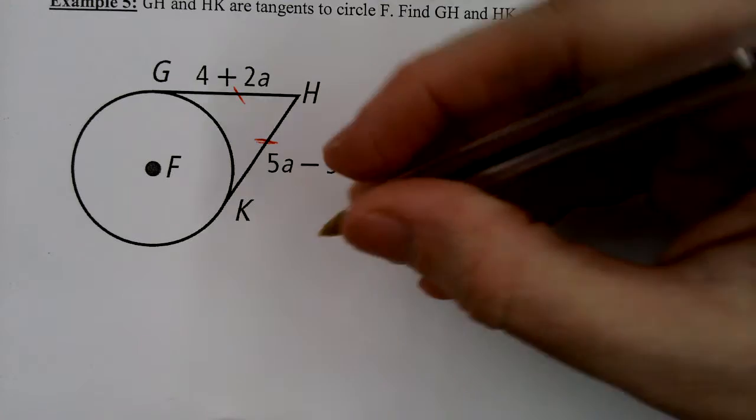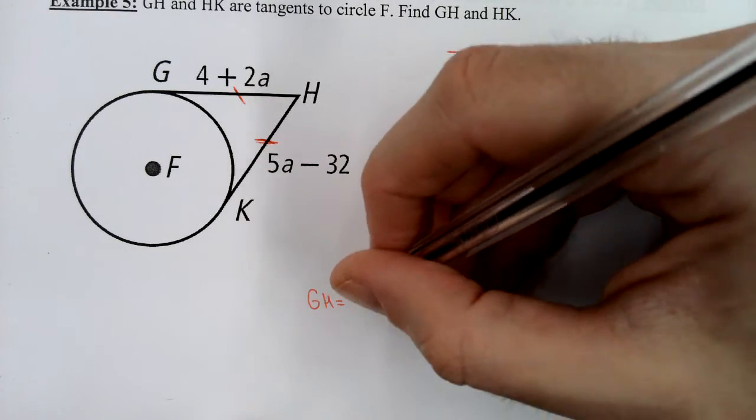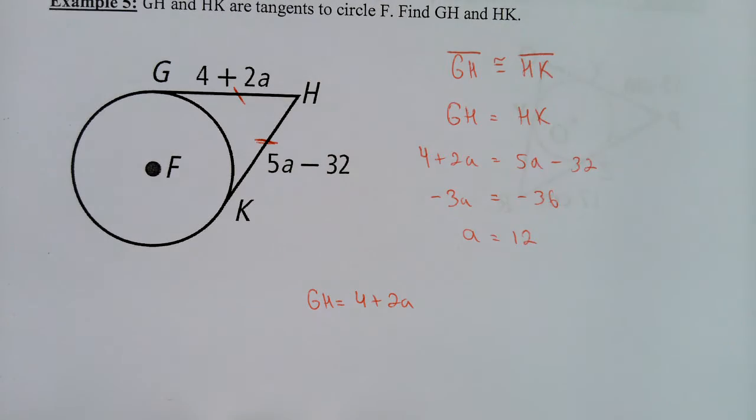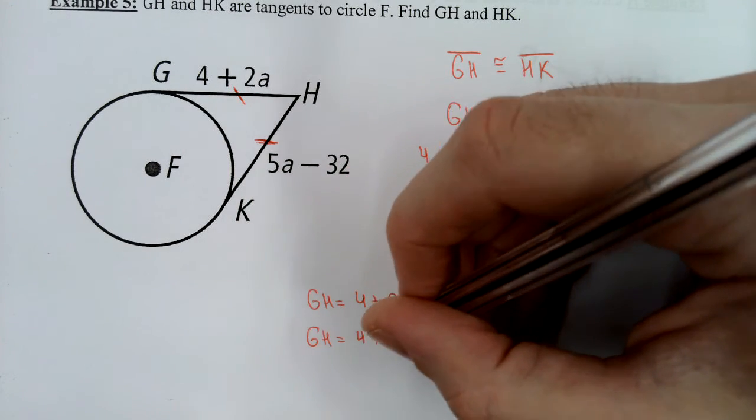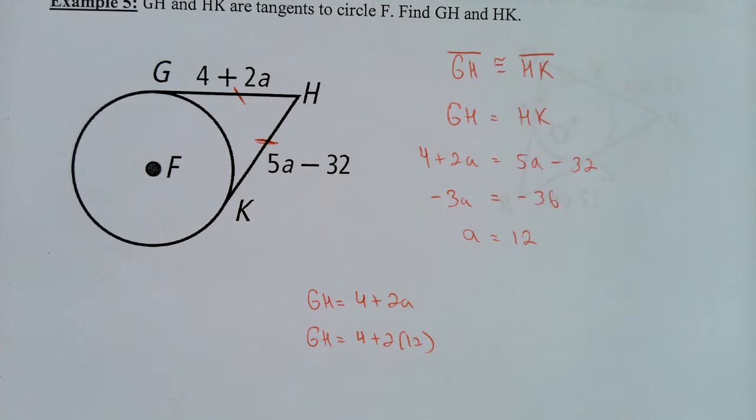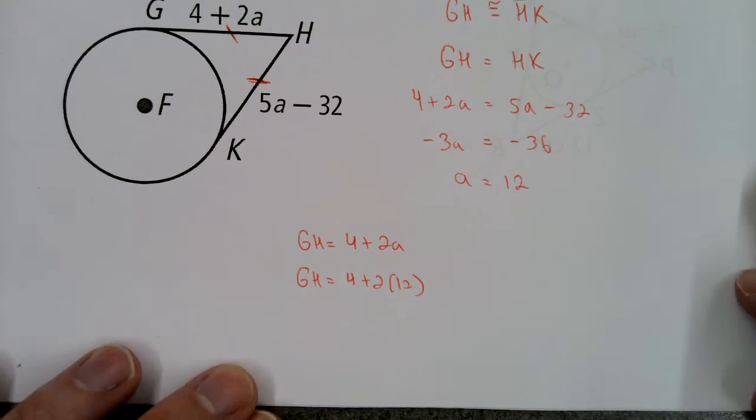GH equals 4 plus 2a. So 4 plus 2 times 12. 4 plus 24 is 28.